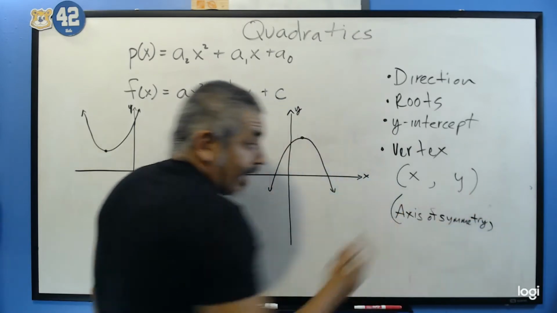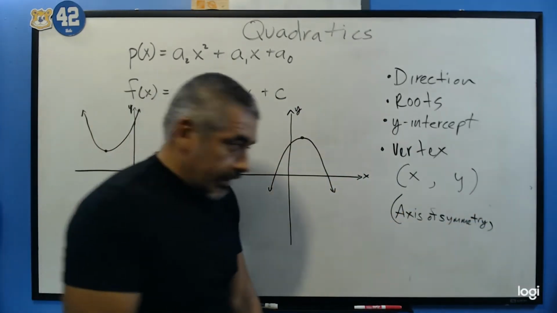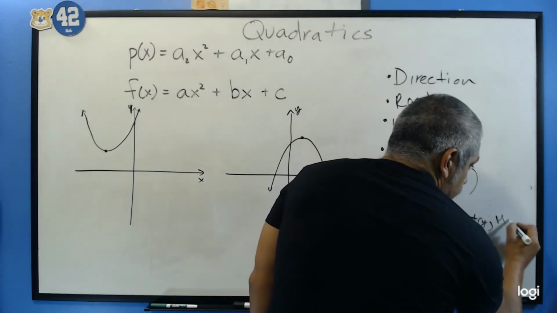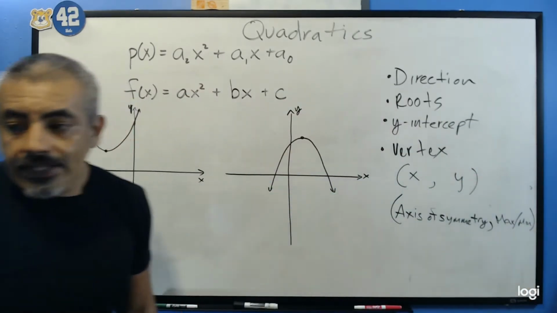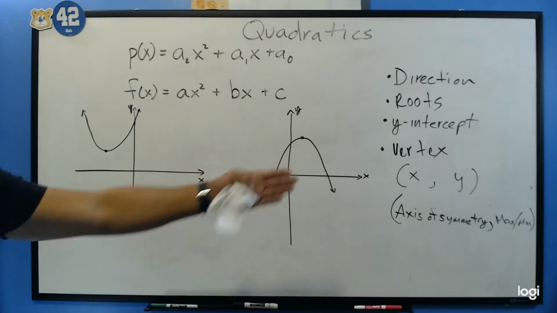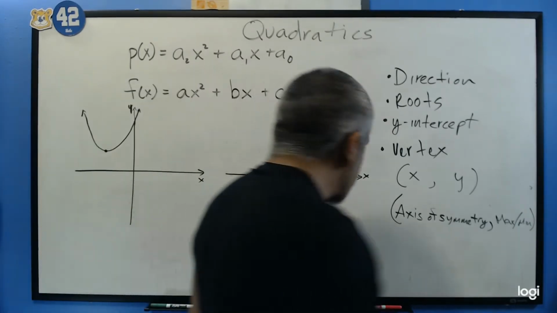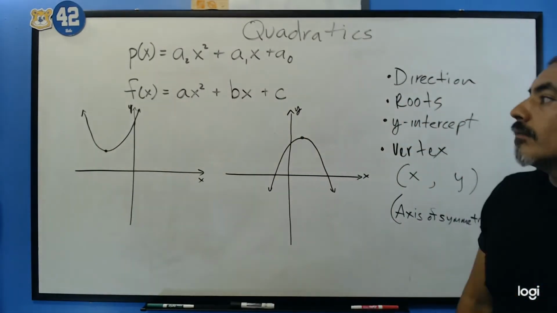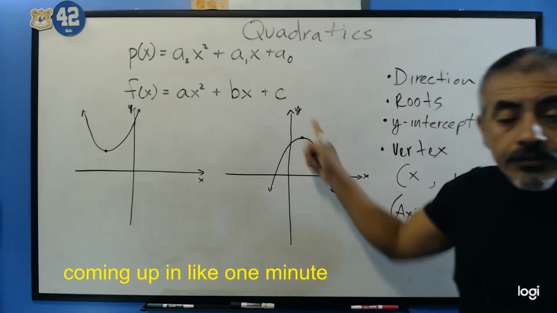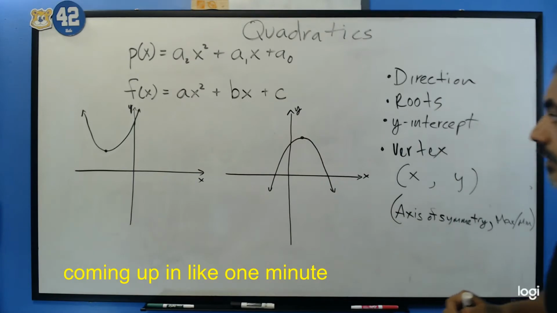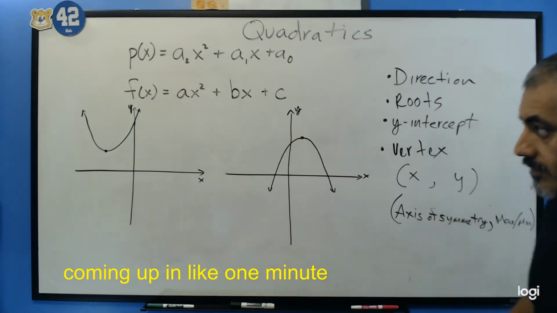And the y value is simply the max or the min. So I'm just going to put it here, max/min. And that's what we have. I mean, that's all the points that you would like to have if you want to graph a quadratic. Later on, we're going to see how to find those values to make it easier for us to graph those points and to find the graphs of a parabola.